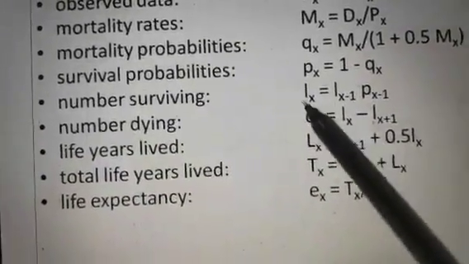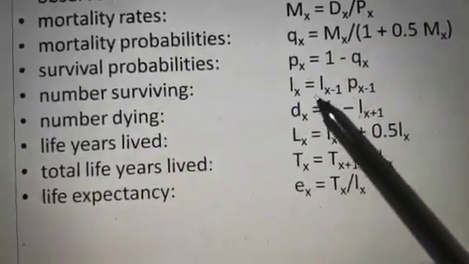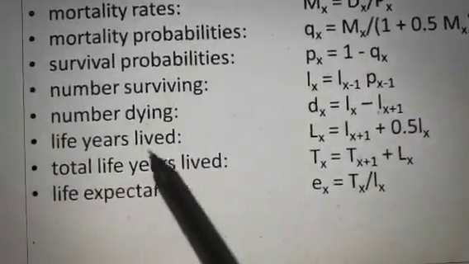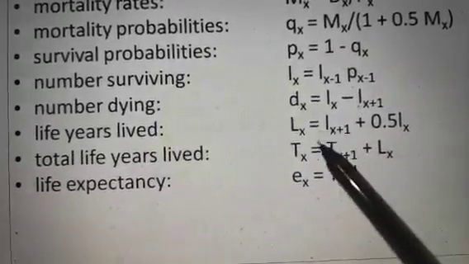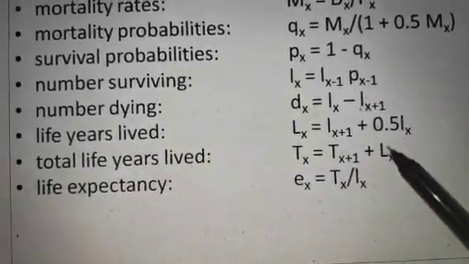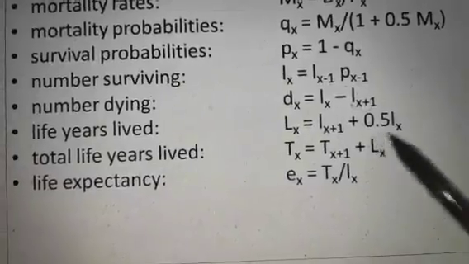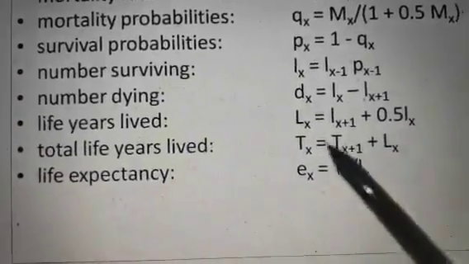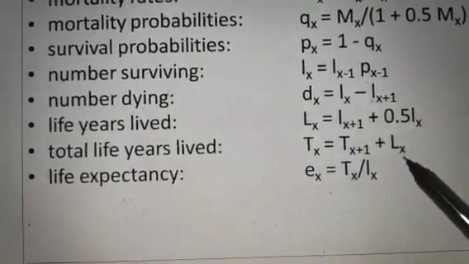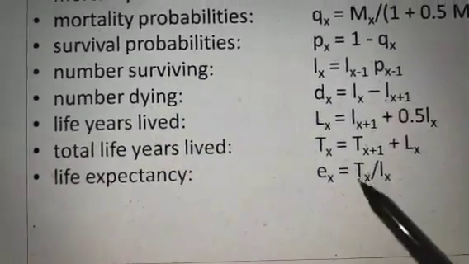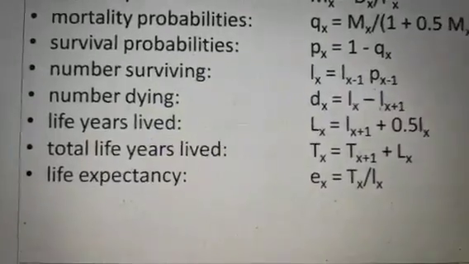Number surviving, this is the indicator, lx = lx-1 times px-1. Number dying, dx = lx minus lx+1. Life years lived, Lx = lx+1 plus 0.5 dx, half of the age interval. Total life years lived, Tx = Tx+1 plus Lx, and life expectancy ex = Tx by lx.